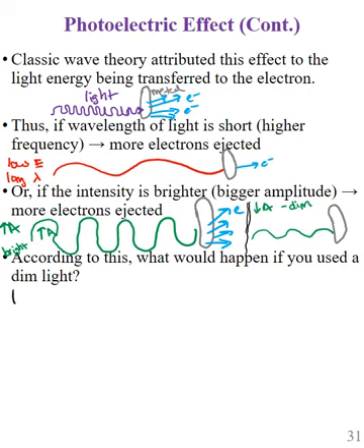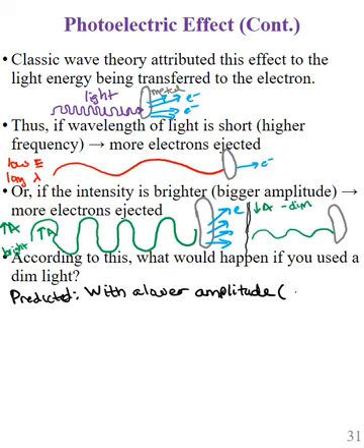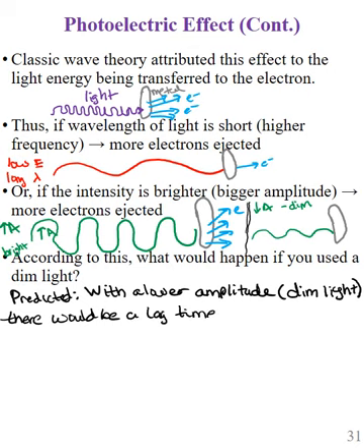According to the classic wave theory, here is what they predicted. They said with a lower amplitude, meaning a dim light, there would be a lag time before electrons are emitted.